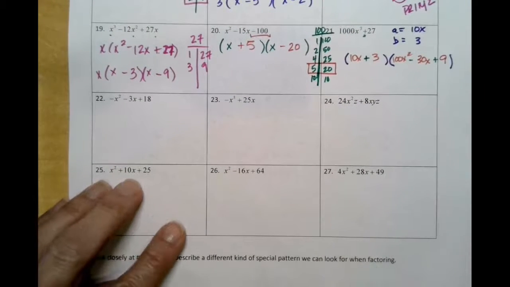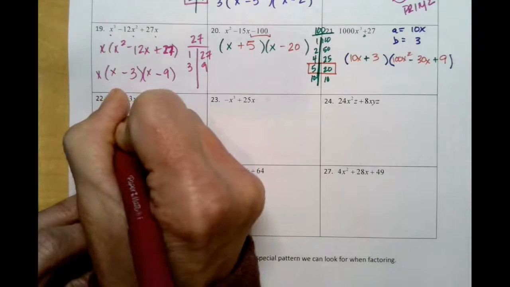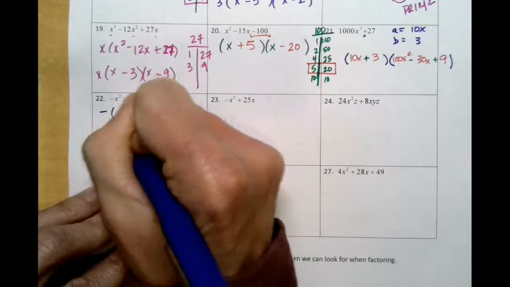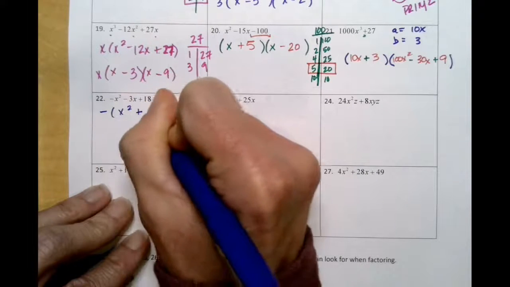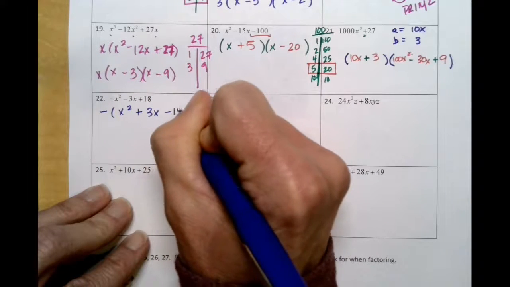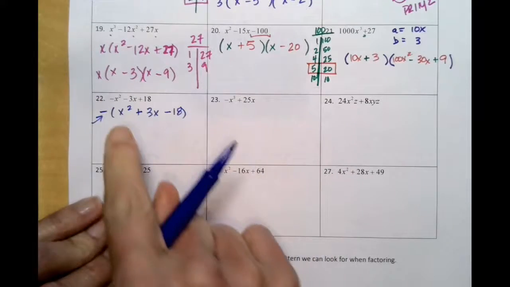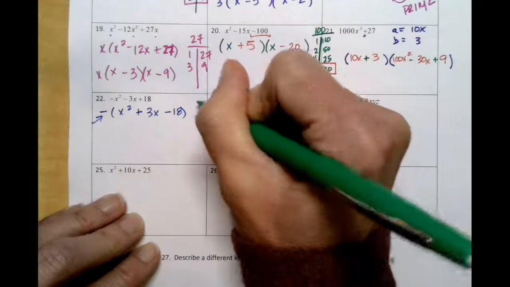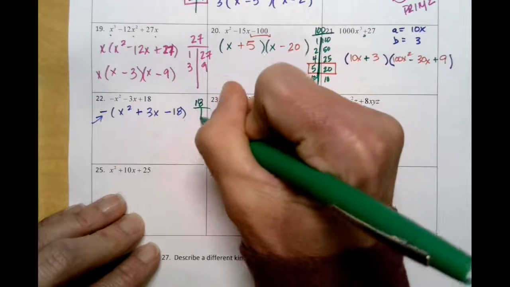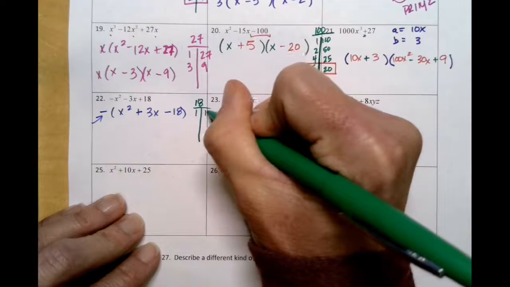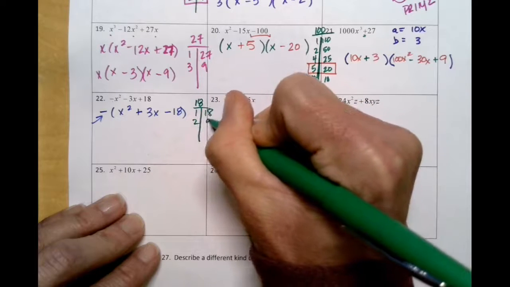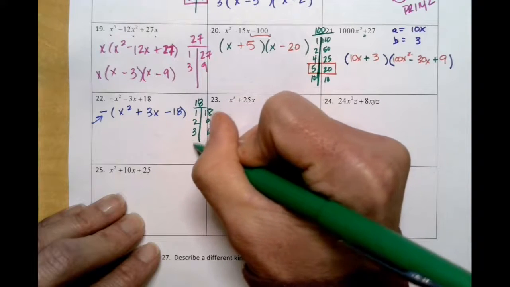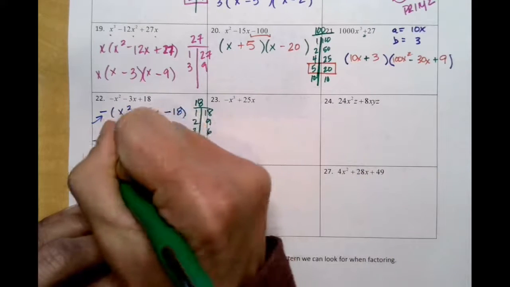All right, take a look at 22. We're going to pull out the GCF first. So if I pull out a -1, I get x squared plus 3x minus 18. This negative changes all of those signs, so I want to make sure that I do that first off. Let's think about my factors of 18: 1 and 18, and 2 and 9, and 3 and 6. Not 4, not 5. When I wrap around to the 6, so I'm good.